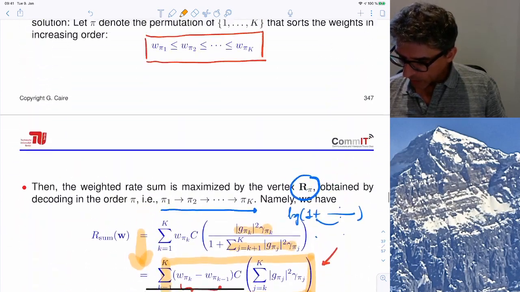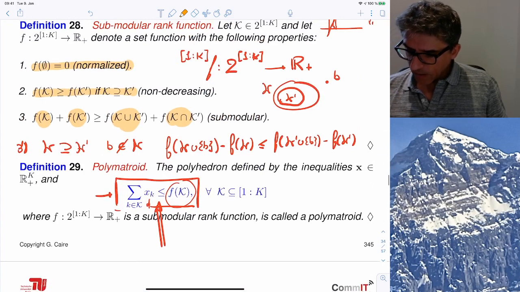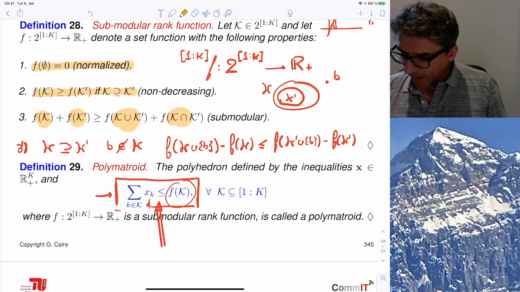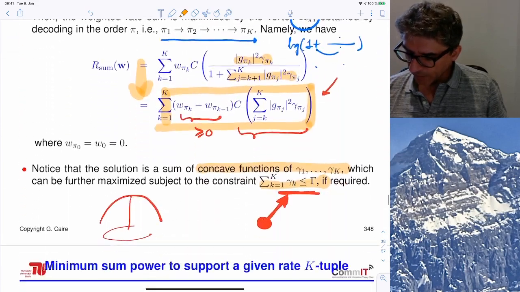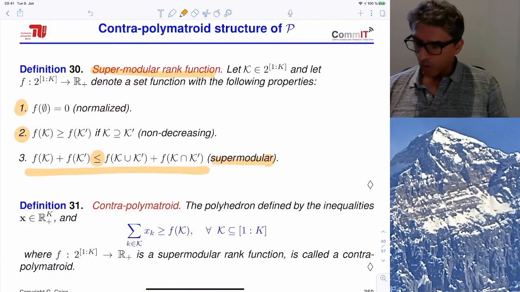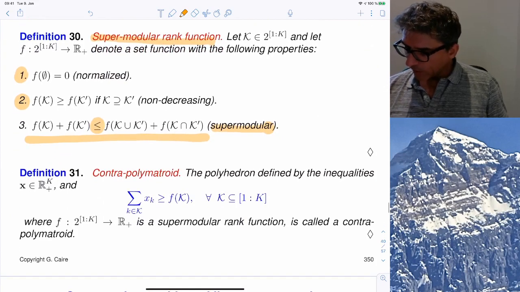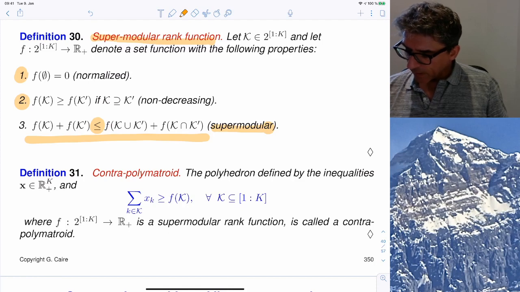For submodularity, you have f of K plus f of K prime is greater than f of the union plus f of the intersection, and for supermodularity we have the reverse, smaller than. And then the contrapolymatroid is a polyhedron defined by these inequalities. And now you see that also the sign here is reversed.